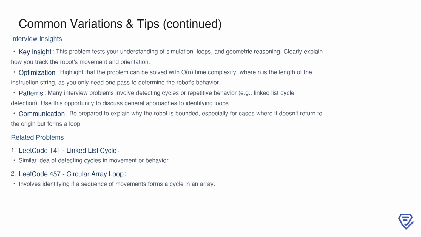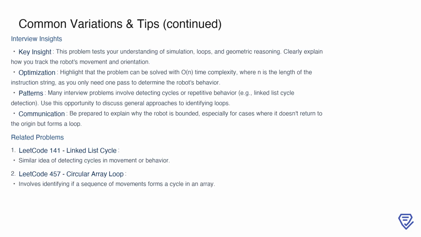This problem often appears in interviews to test your understanding of simulation, loops, and geometric reasoning. A key part of solving it is being able to clearly explain how you track the robot's movement and orientation throughout the instructions. The good news is that the problem can be solved efficiently in O(n) time complexity, where n is the length of the instruction string, because you only need one pass to determine the robot's behavior.